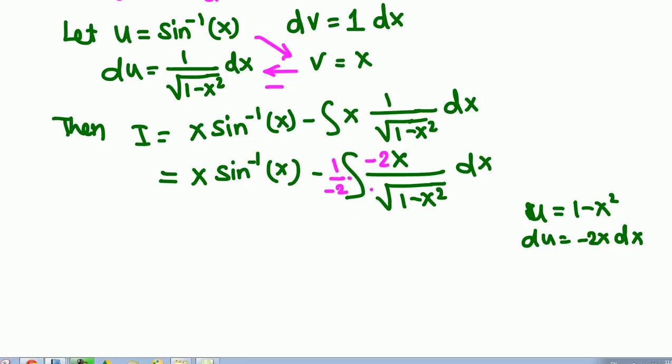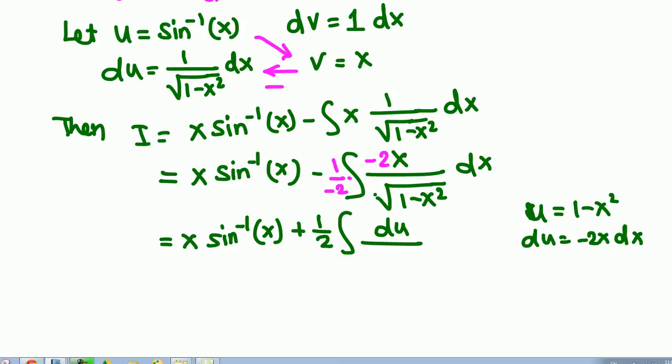Now we have x sine inverse x, this part is already done, minus 1 over negative 2, so plus 1/2. With our new variable u, this becomes negative 2x dx. Negative 2x dx is du, so du on the top over square root of u.